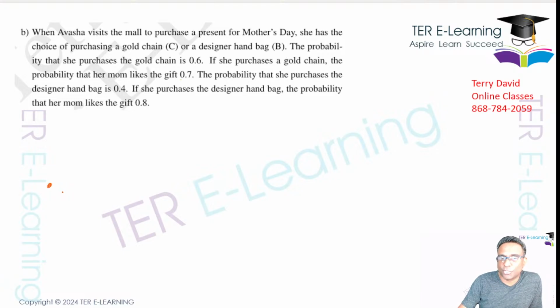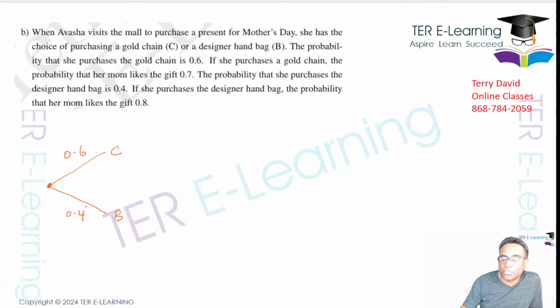She goes to the mall and she has 2 options. Either it's a gold chain or it's a bag. The way I set up the question, let's call that C, so that's a chain, and this here is a bag. The probability that she purchases the gold chain is 0.6. So therefore, the probability of purchasing the handbag is 0.4.